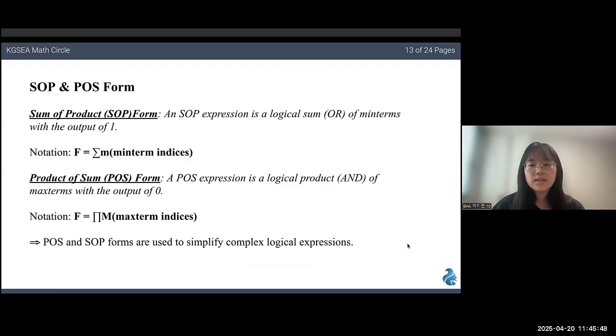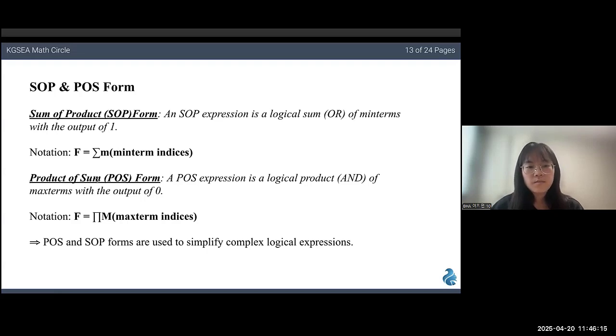So using these minterms and max terms, we would construct Boolean equations in SOP and POS form. SOP form, which is short for sum of product form, is an expression that is a logical sum, or OR, of minterms when their output is 1. In notation, we would say that F is equal to the summation of M with the minterm indices denoted as follows.